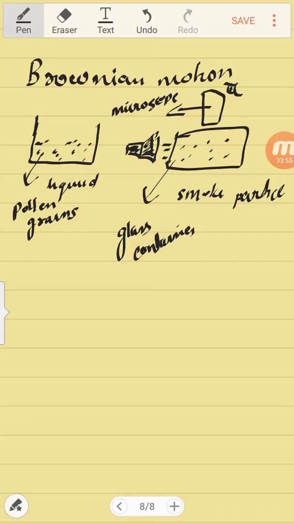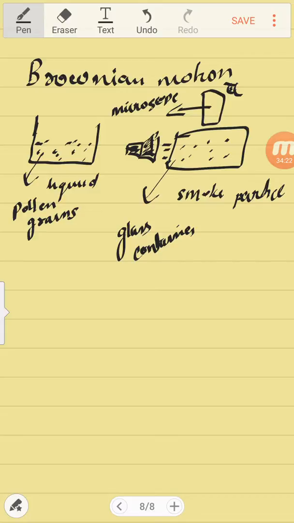And how? The visible, more massive smoke particles, whose mass is more than the air particles, were moving because of the invisible, less massive air particles.